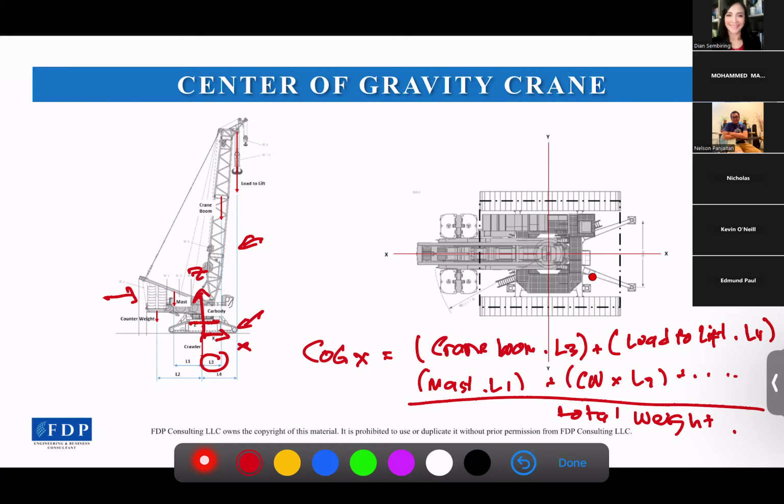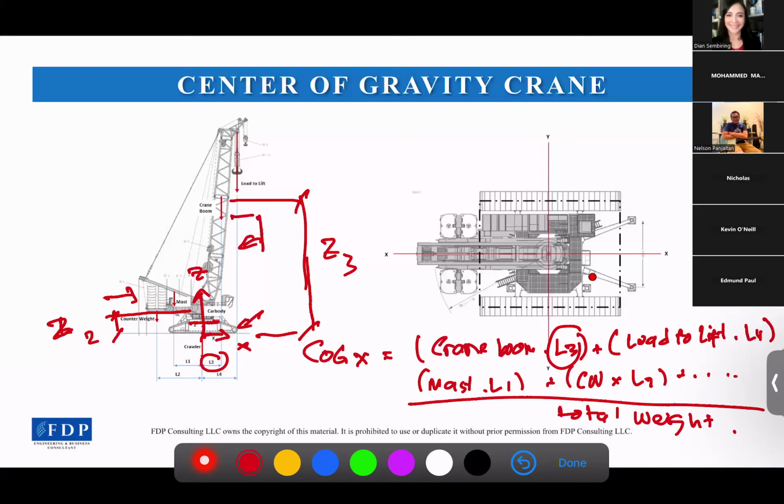If we want to know the COG on the Z-axis, then we need to know the distances: L3, L4, L1, and L2 will be on the Z-axis. So for example, for the counterweight, let's say it is here, then it will be Z2. For the crane boom, let's say it's Z3. And for the load to lift, it depends on the load COG also.